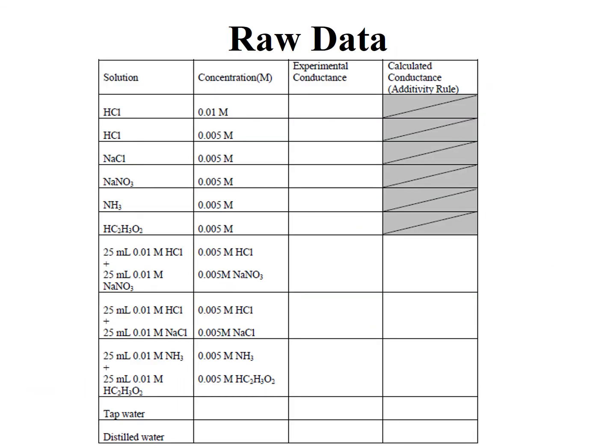Now, for your lab report, aside from the conductance of those 8 drops of ionic compounds, you will also be provided with this set of data, which is the experimental data. Everything here will be provided. What you're going to do is apply the additivity rule.